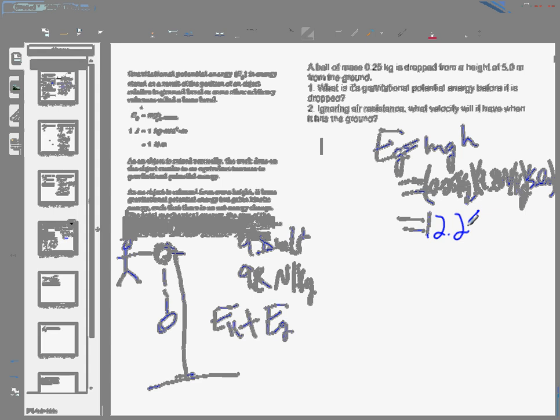Well, kilograms, newtons, and meters are on top, kilograms on the bottom. Kilograms are going to cancel out, and we're left with newton meters, and a newton meter, of course, is a joule.